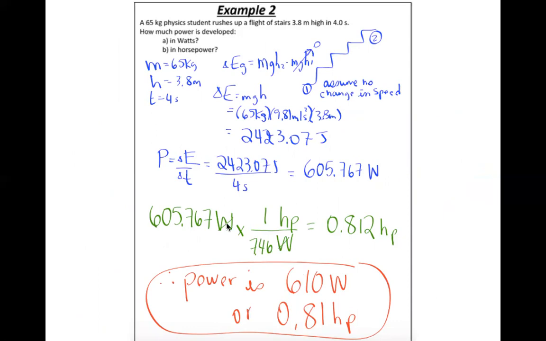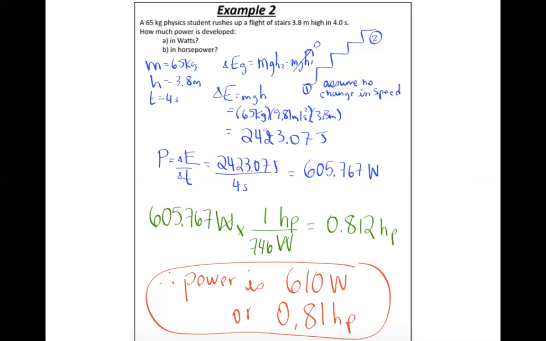We want to get rid of watts, so you put watts on the bottom. So it's 605.767 divided by 746. And that's how you put that in your calculator. You see the watts canceling out and you're left with 0.812 horsepower.